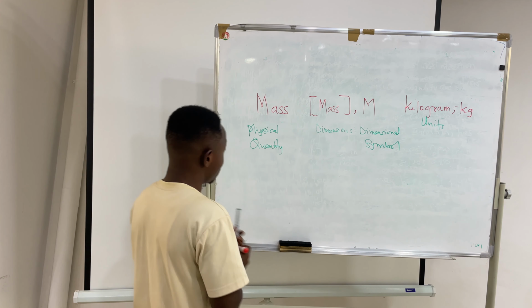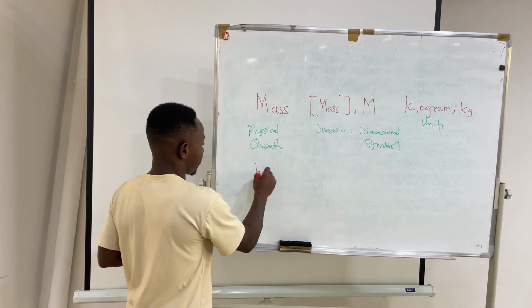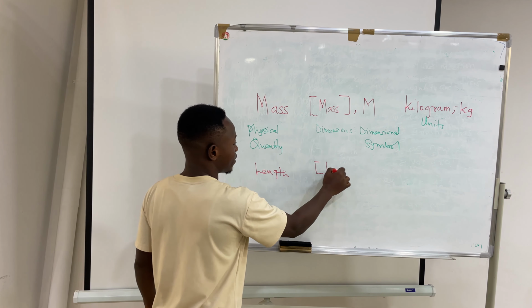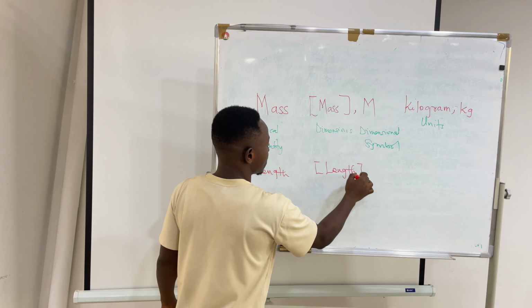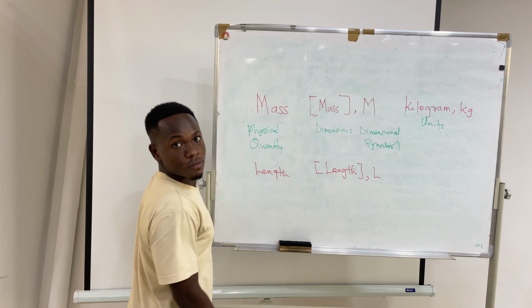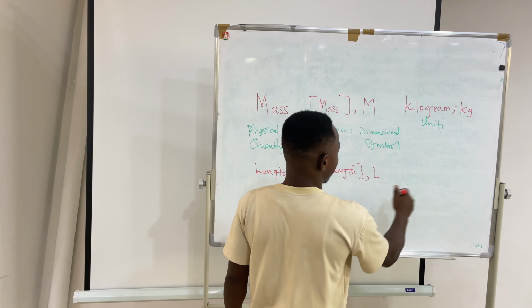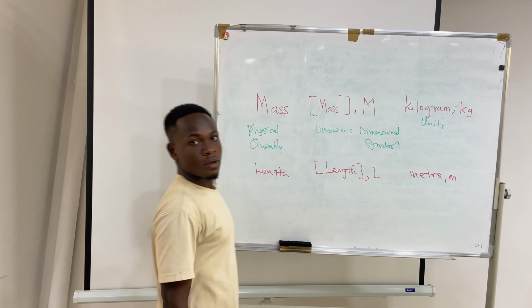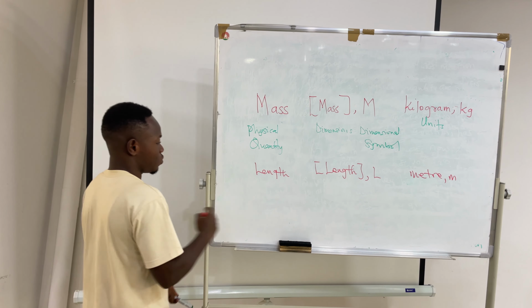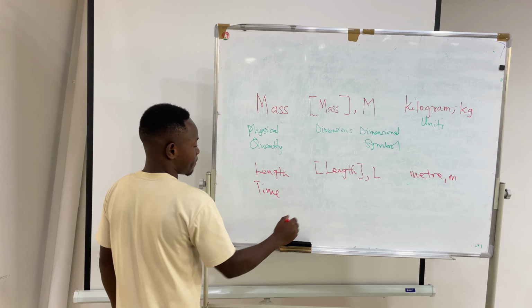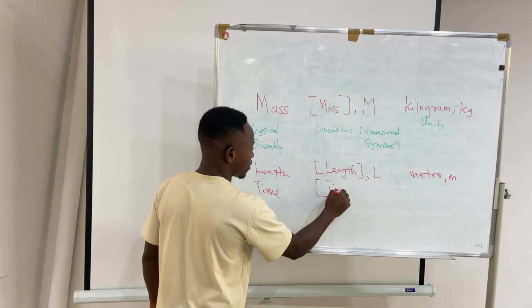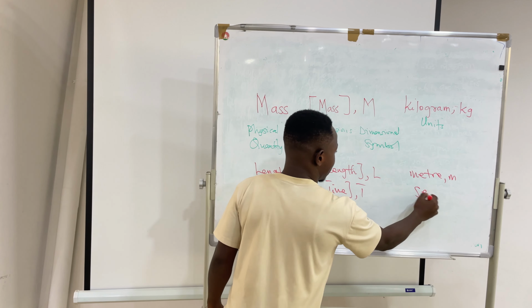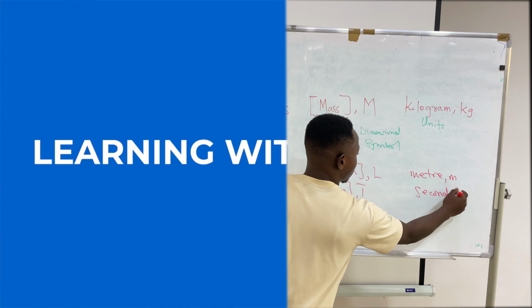Another example would be, let's say, length. The dimension of length will be written like this, and the dimensional symbol for that is a capital L. The unit for length is the meter, the SI unit. Time too. The dimension of time is T. The unit is the second, s.